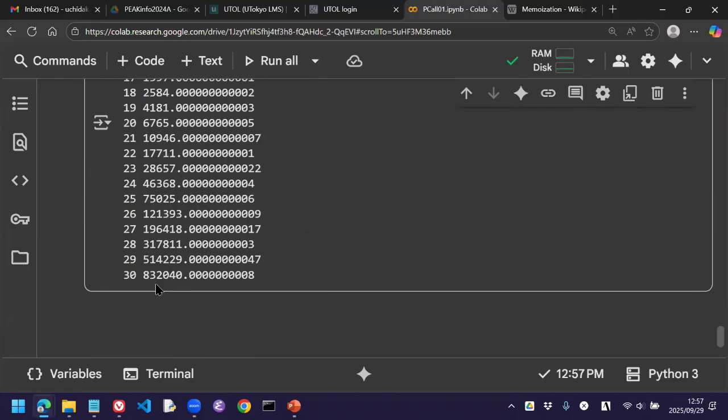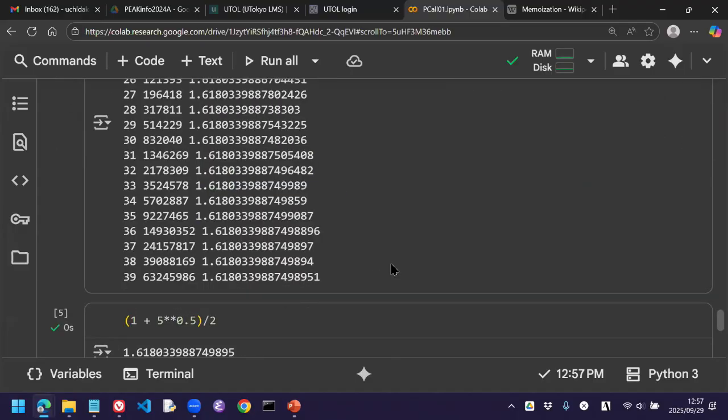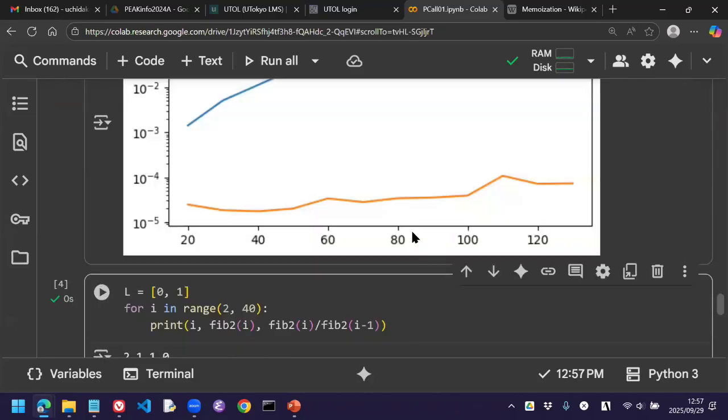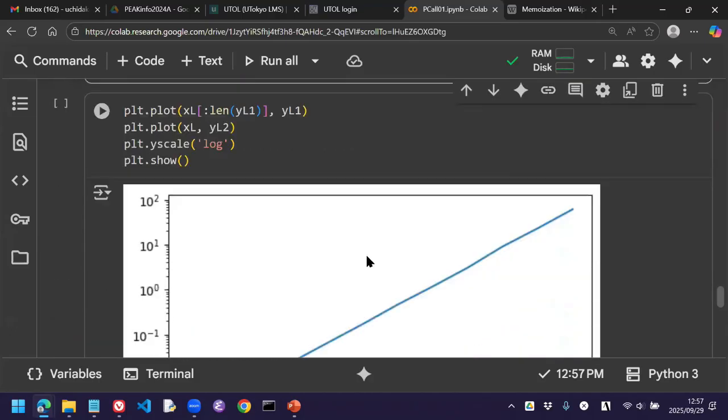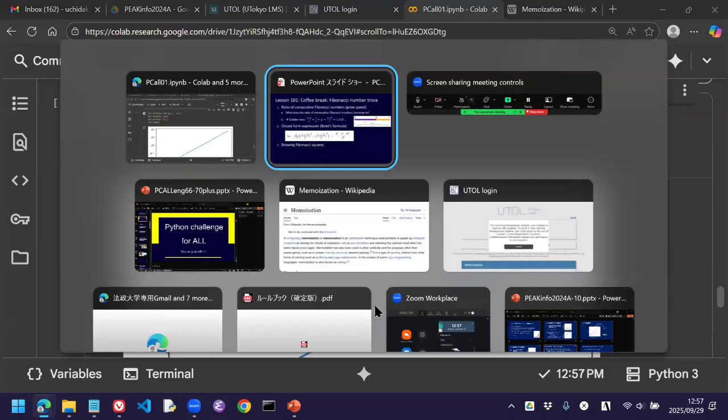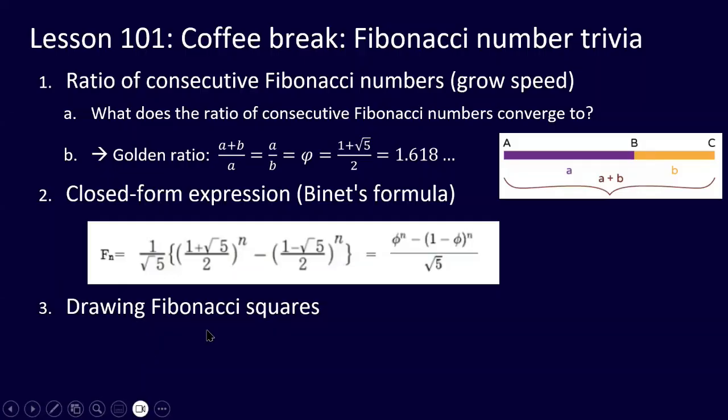So 30 is like this number, 832,040. Yeah, exactly the same as what we had previously here. Okay, good.